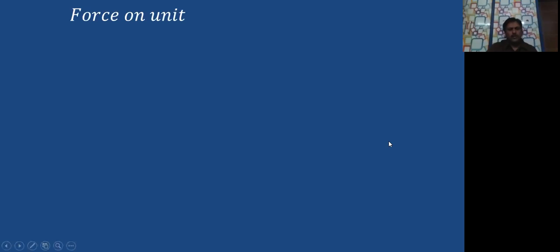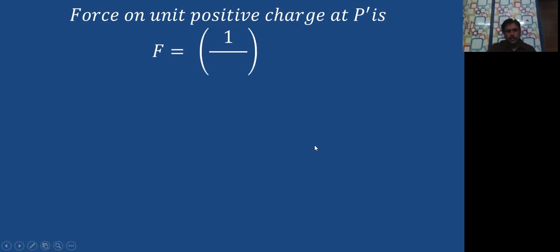First of all, the force on the unit positive charge at P dash is F is equal to 1 by 4 pi epsilon 0 Q into 1 by R dash square. How did you get this answer? Tell me. Coulomb's law. Do you remember Coulomb's law?